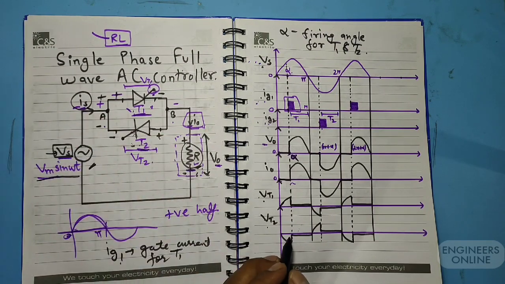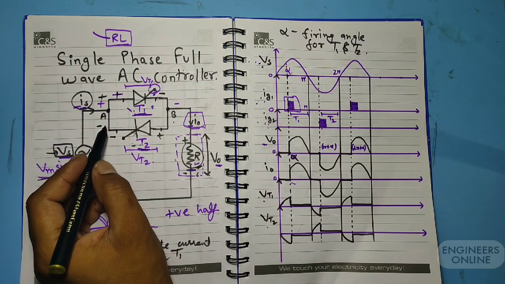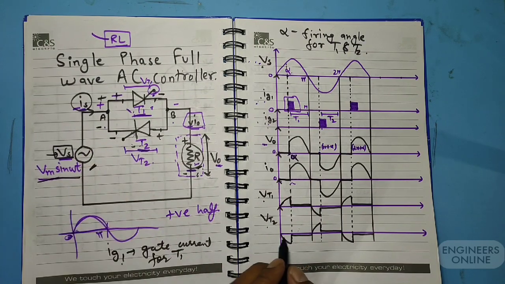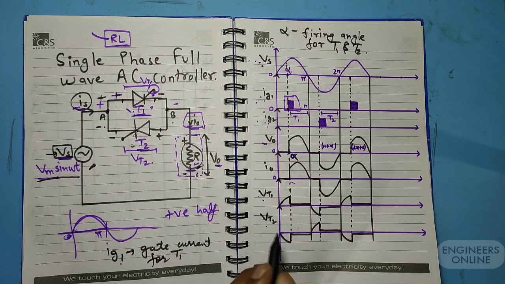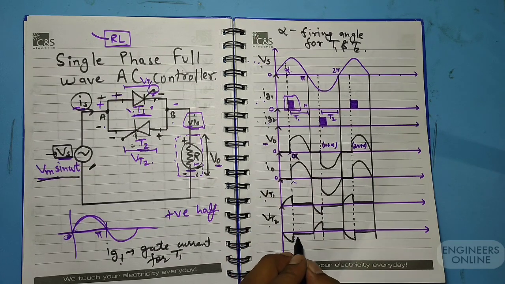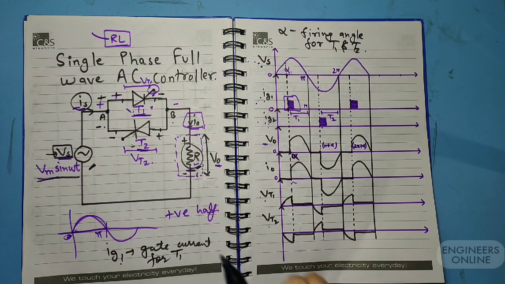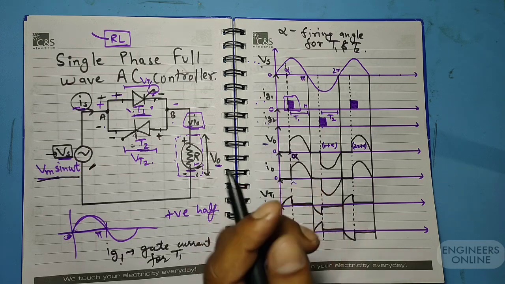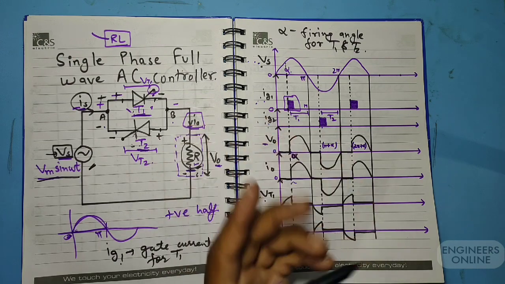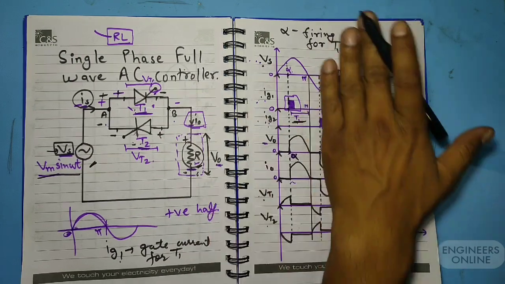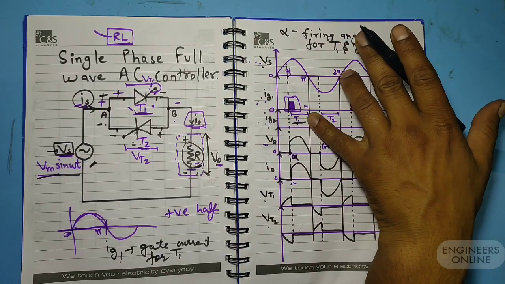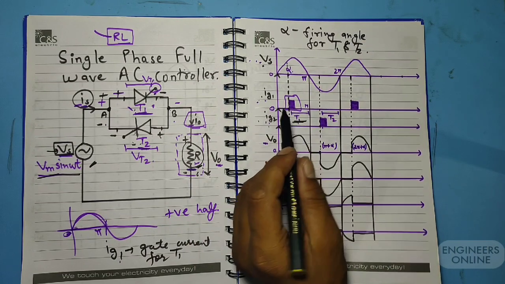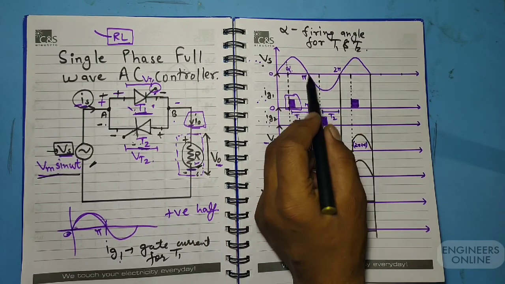The potential drop across T2 is negative in nature, so we get the curve in the negative. But just after alpha, it also goes to slightly above zero, in both positive and negative. In this first case, only T1 is conducting. T1 is triggered.